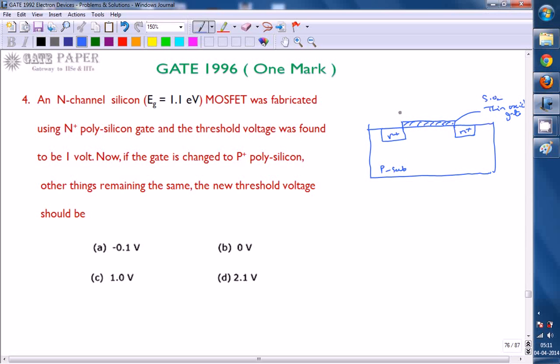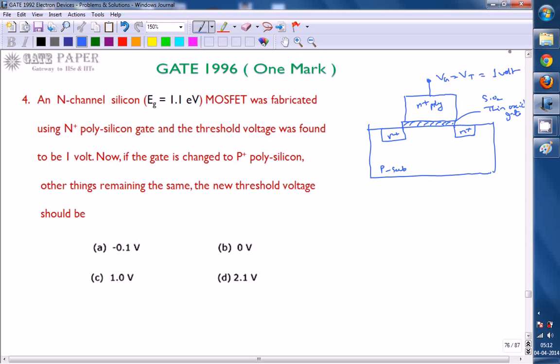Next, above that, we have the gate, and the gate is made of N plus polysilicon, N plus poly. The threshold voltage is given as 1 volt.